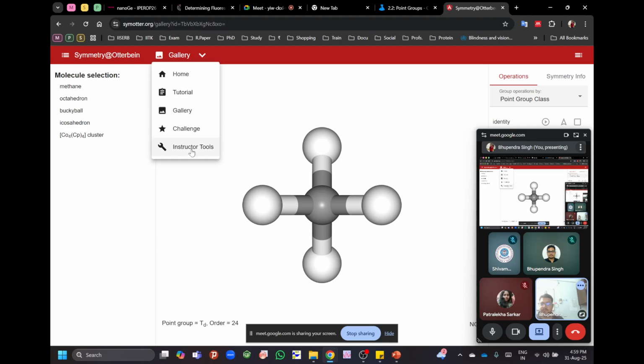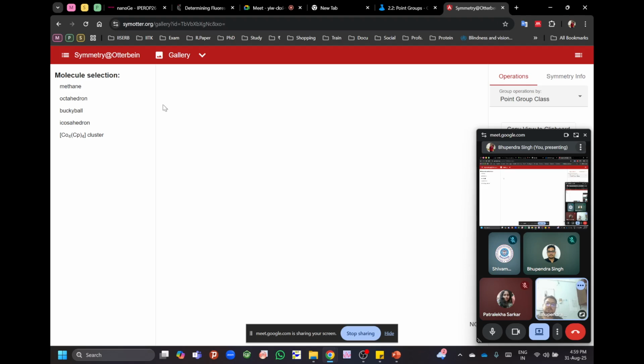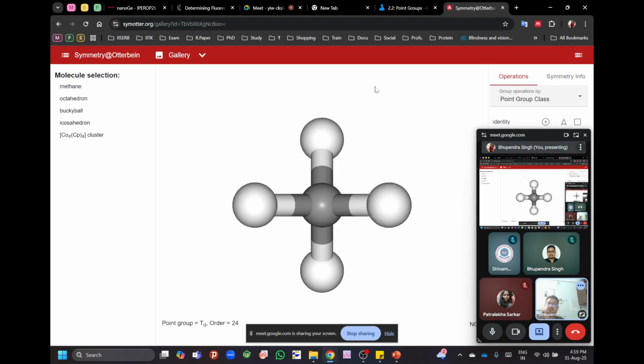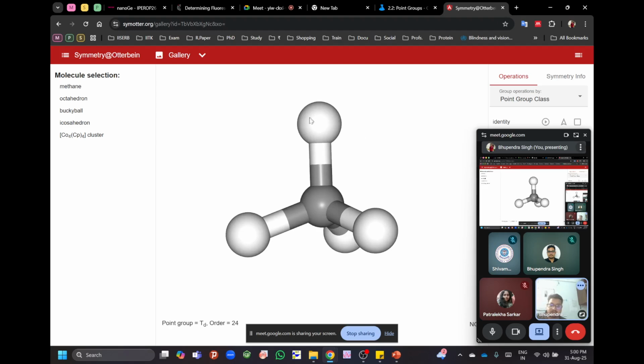No, not methane. Okay, nice. Consider this as CCl4, where the Cl atoms are at the corners and the middle atom is carbon.